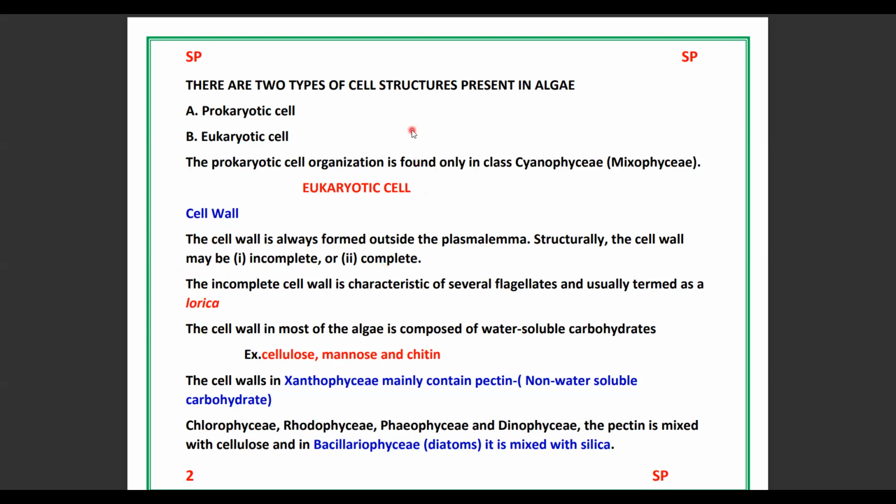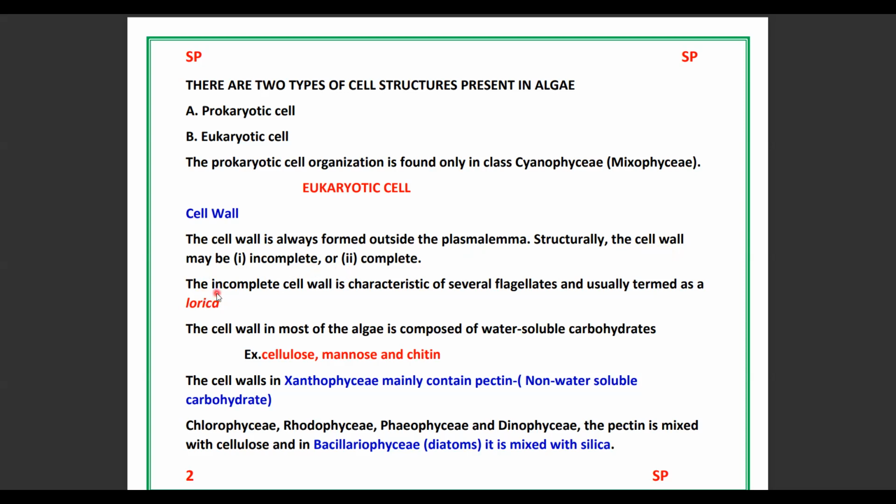The organism is made up of unicellular or multicellular. On each cell, on the cell membrane or plasma membrane or plasma lemma, a special layer is present. That layer is called cell wall. This cell wall may be completely surrounded by the cell or incompletely surrounded by the cell.